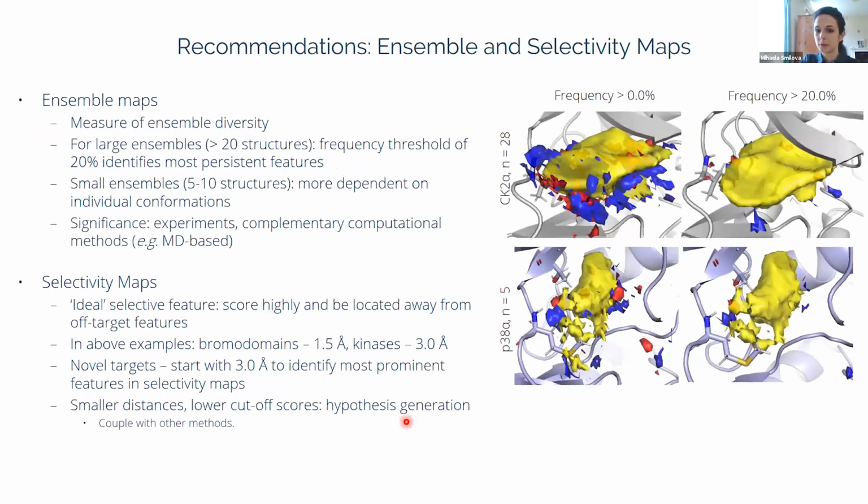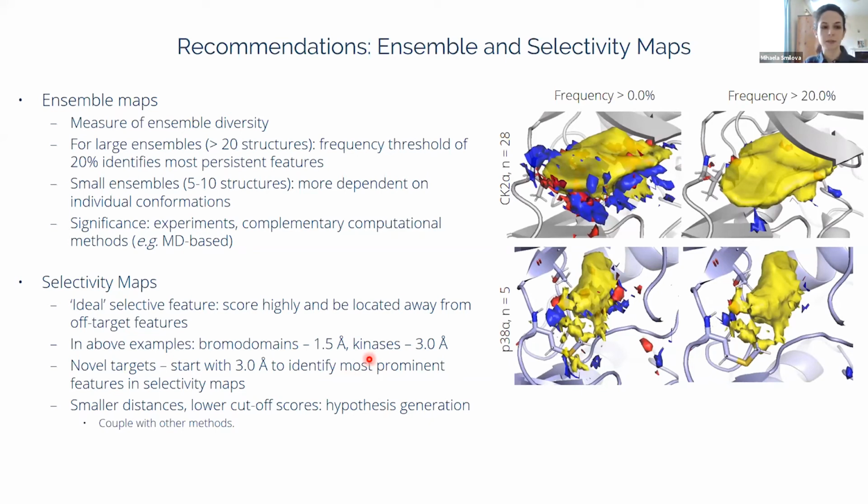So based on the retrospective validation, what are some recommendations on using the ensemble and the hotspot maps in a live campaign? So a key thing to remember is that the ensemble maps are a tool for summarizing information and generating hypotheses based on it. And so they're only as good as the underlying data. So when compiling an ensemble, it's good to have a measure of its diversity.